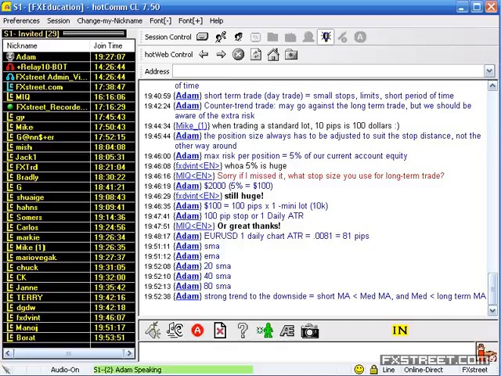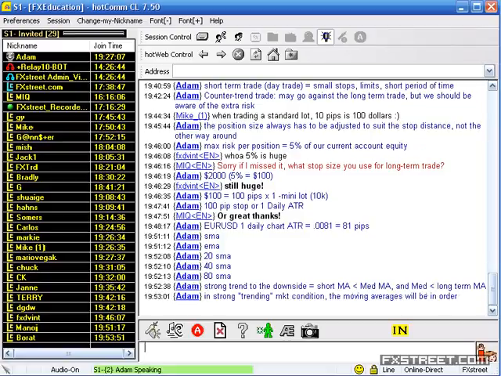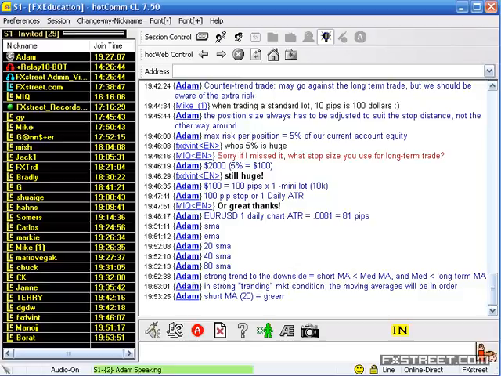In a strong trend move, we call this a trending market condition, the moving averages will be in order, meaning short below medium, medium below long. We also have the Bollinger Bands, which is basically that gray line. I made it gray and very, very thin, so it would not interfere with our moving averages. By the way, the short MA, which is 20, is green.